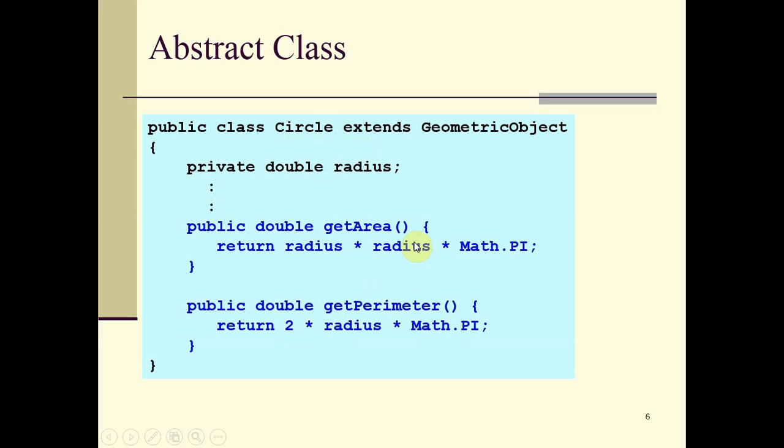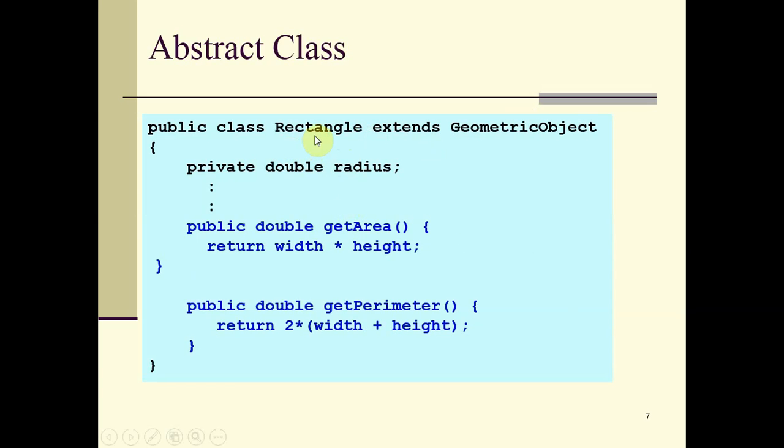So you must implement the abstract methods from your superclass. Also in another class, Rectangle, which also extends GeometricObject, you need to implement getArea and getPerimeter.